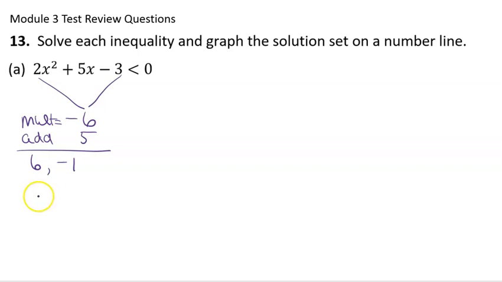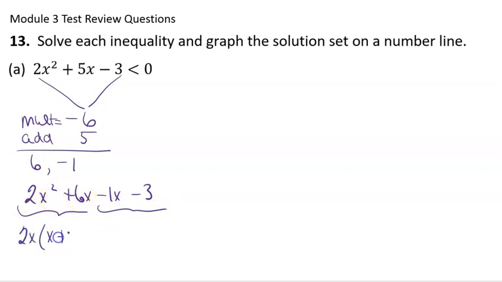It's the only numbers that'll do it. You can play around with 2 and 3, but your signs won't work out right. Now what you're trying to do is rewrite the 5x in the middle. So I rewrite this as 2x squared plus 6x minus 1x minus 3. I replace the 5x with these two numbers. Of course, I put an x with them, just like with the 5. Then you do factor by grouping. So these two group together, a 2x factors out, and that leaves you x plus 3.